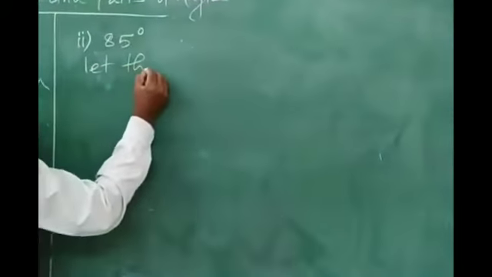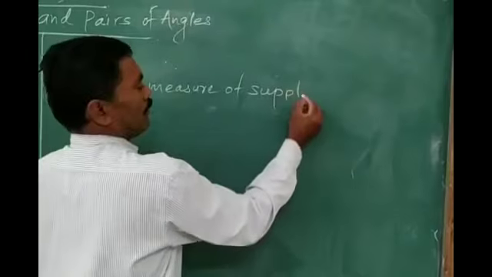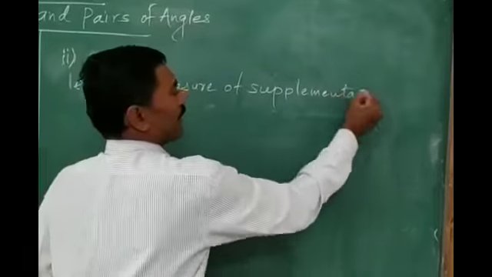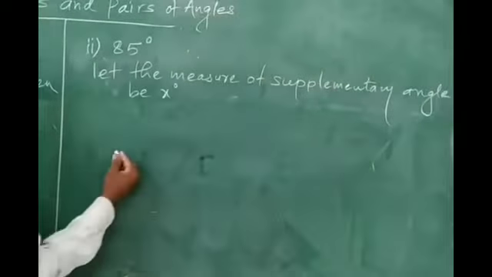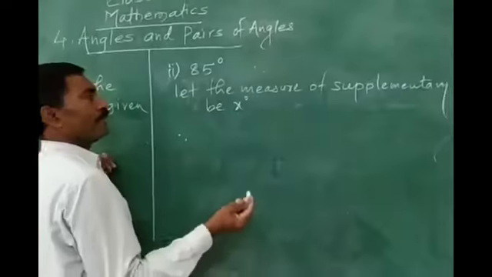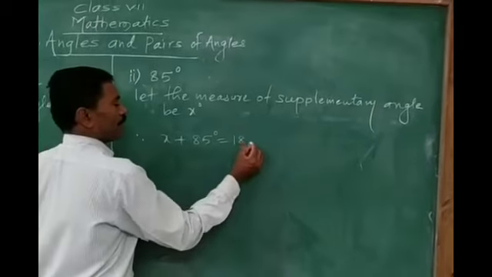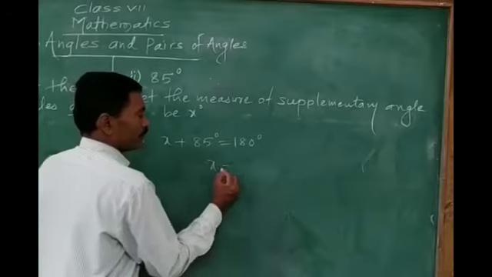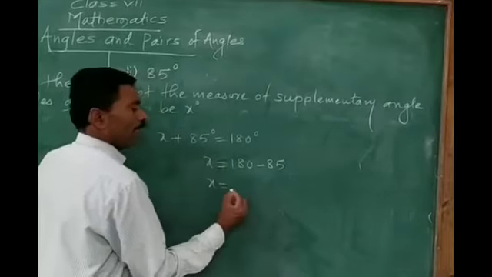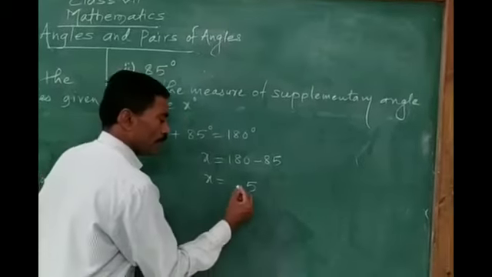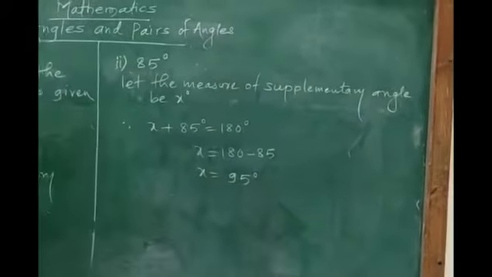Let the measure of the supplementary angle be x degrees, and therefore by the definition of supplementary angles, x plus 85 degrees is equal to 180 degrees. x is equal to 180 minus 85. x is equal to 95 degrees.